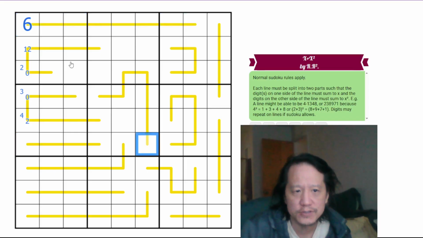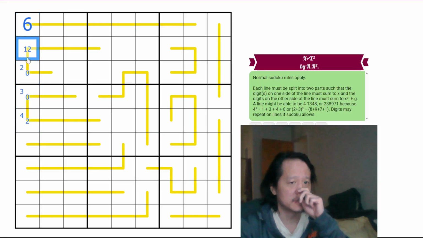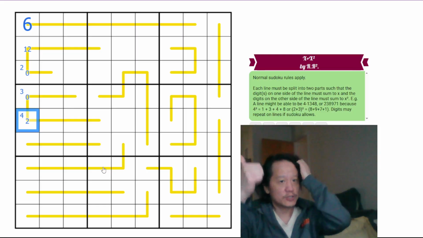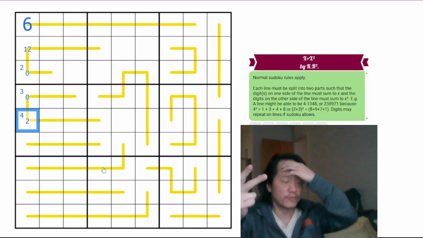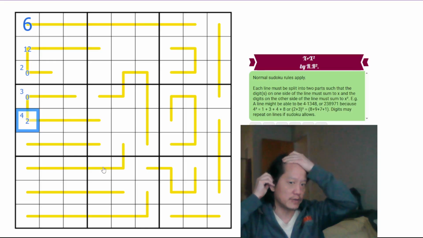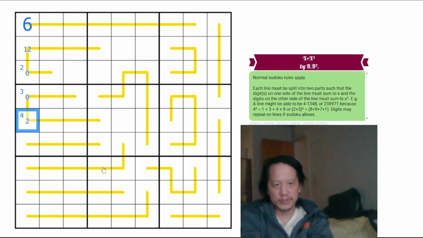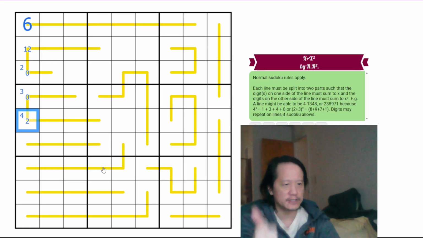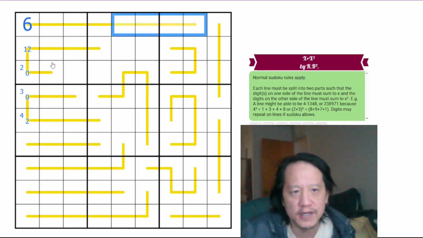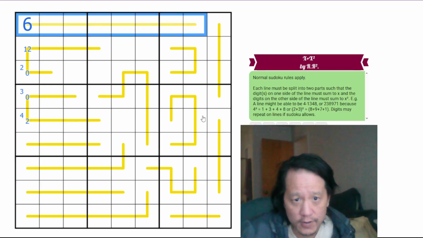So these are the sums that each line could add up to: 6, 12, 20, 30, and 42, right? 6 is 2 times 3, 12 is 3 times 4, 20 is 4 times 5, 30 is 5 times 6, and 42 is 6 times 7. Those are the only possibilities we have for each sum. We've tried out 7 times 8, and that doesn't fit any of the lines. The largest line we have is 8, and that's all in the same row, so that can't be more than 45.